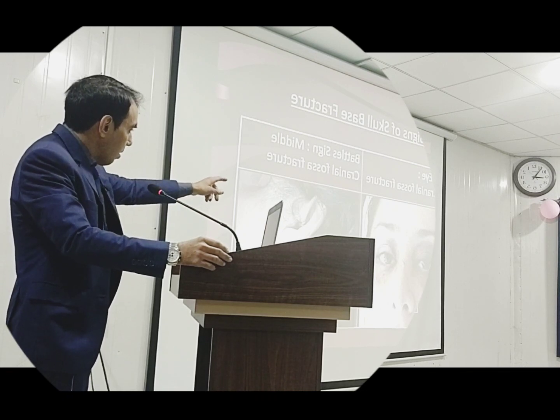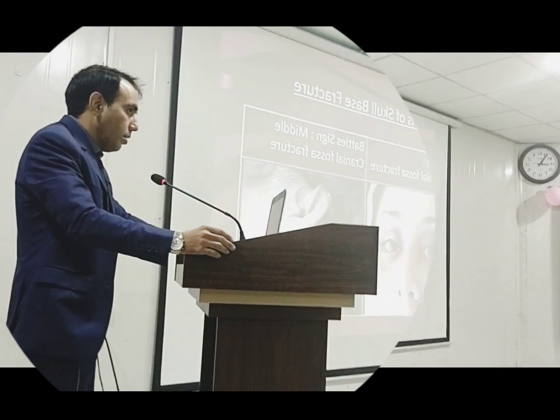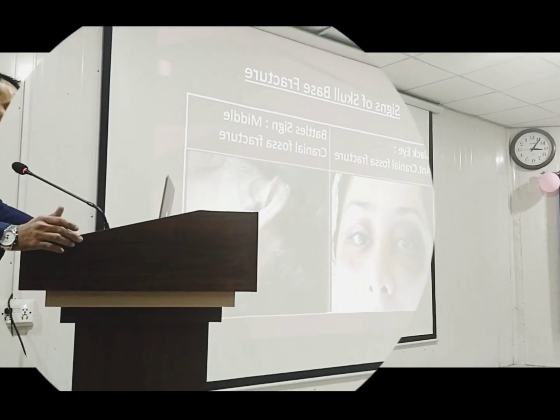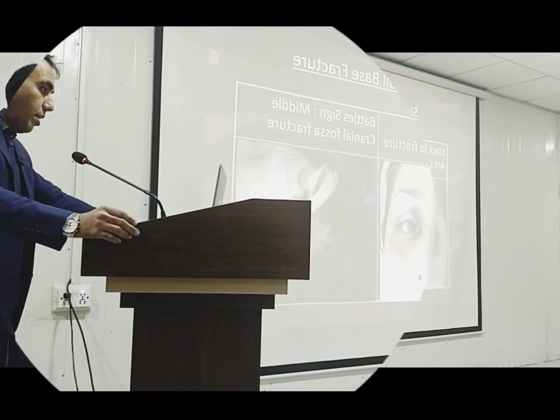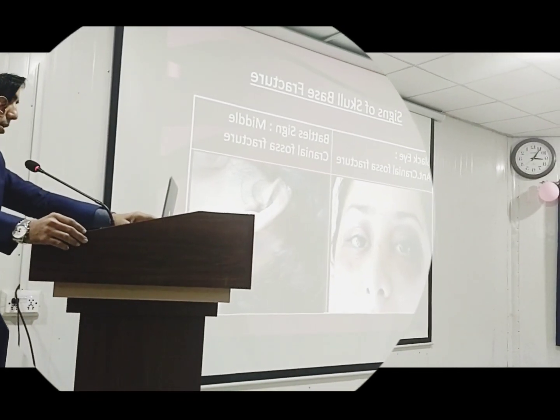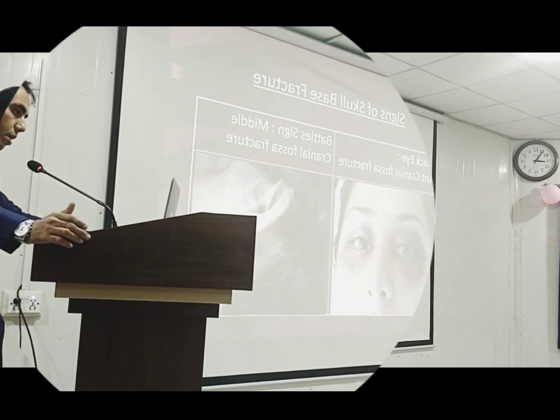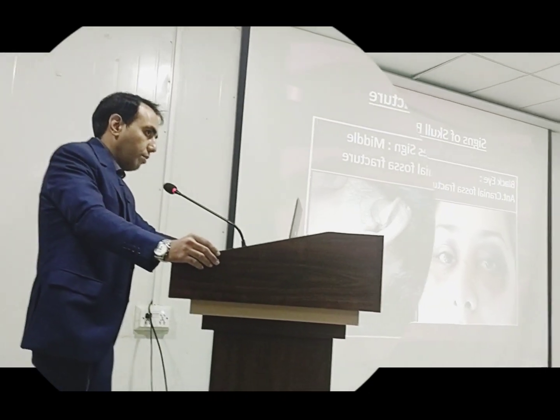You can see there is discoloration around the eye, more over the right side than the left, and it is a sign of anterior cranial fossa trauma. After that there is Battle's sign, in which we see some imprint mark at the mastoid region, and it is the sign of trauma to the middle cranial fossa.